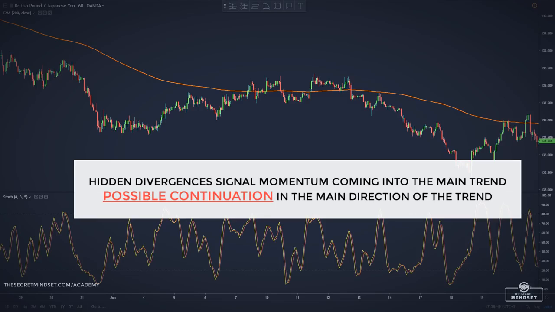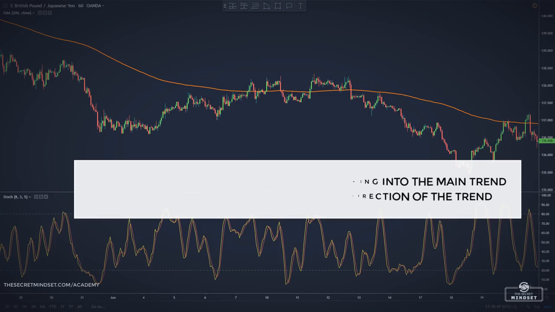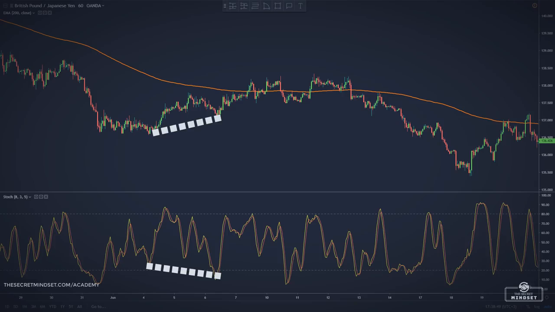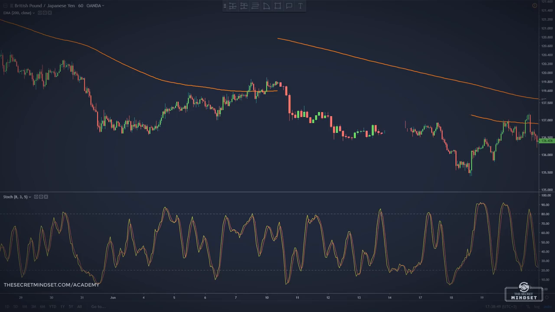For some reason, hidden divergences are harder to spot by many traders, despite the fact that they represent a high probability pattern. When trading hidden divergences with a stochastic oscillator, you have to look for higher lows of the price but lower stochastic values during an uptrend, and lower highs of the price and higher stochastic values during a downtrend.